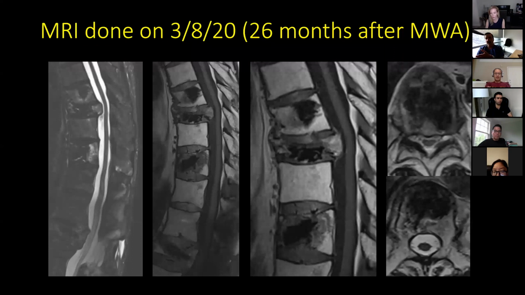But if they are not, I do them at 4 weeks, and then sometimes at 12 weeks, and then at 6 months at least. If they are getting their scans from the oncology side, then I just follow up with those scans.